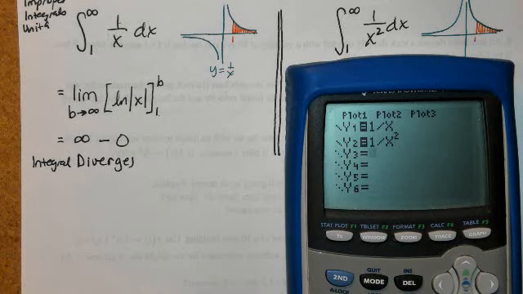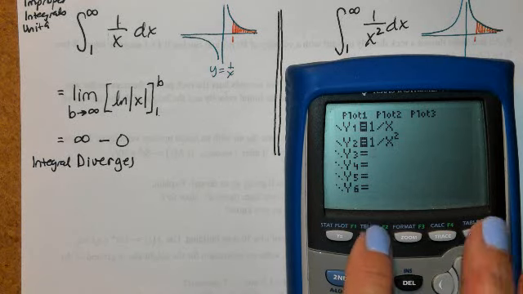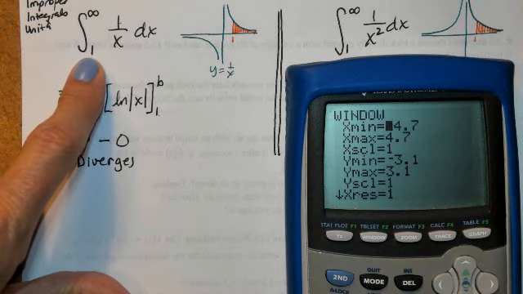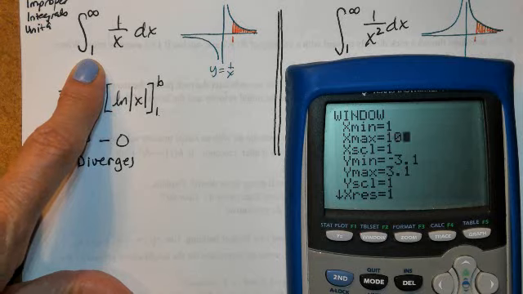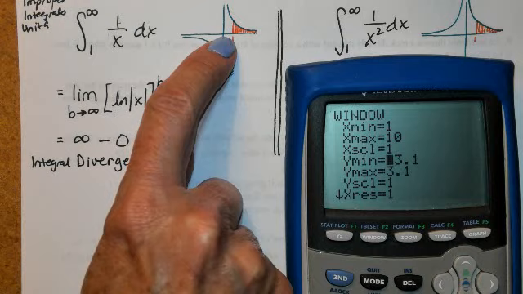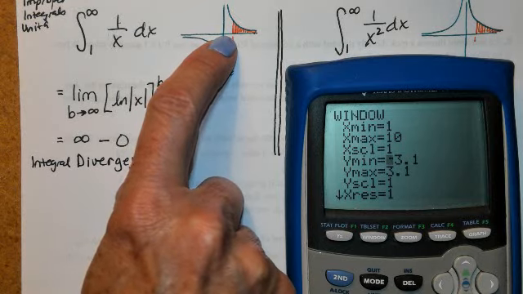Okay, that looks better. Okay, and for our window, I only need to see from 1 to infinity for x. And I really don't want to go all the way to infinity. I think for our purposes, I just want you to see this graph. So I'm just going to do 1 to 10, okay? For the scale, that's fine. For the y-min and y-max, I really don't need to see anything below the x-axis, do I?